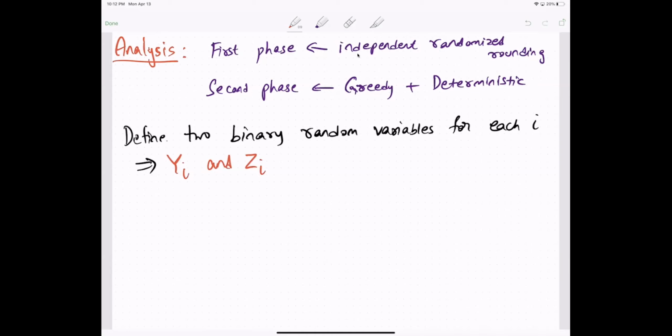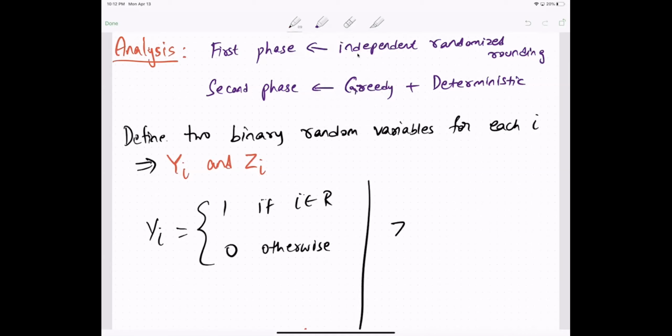How do I define them? yi is 1 if i is in R, and zi is equal to 1 if i is an element of S, 0 otherwise.